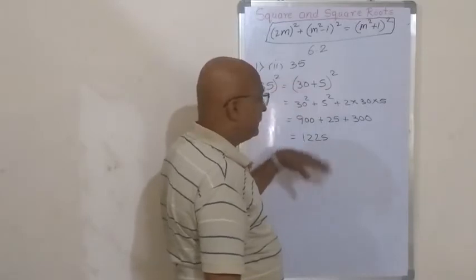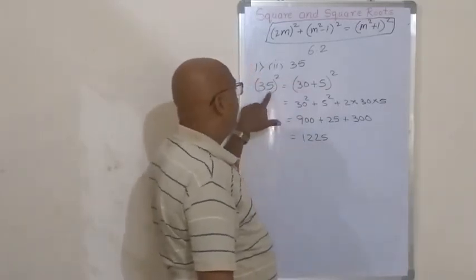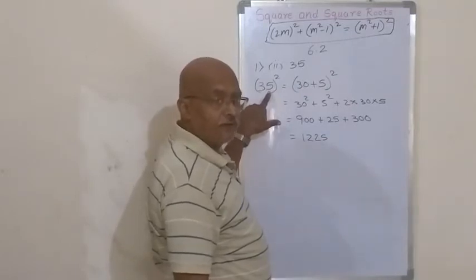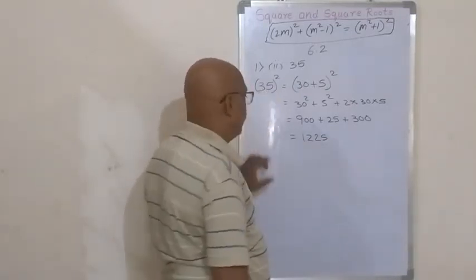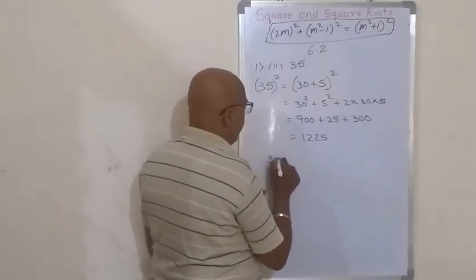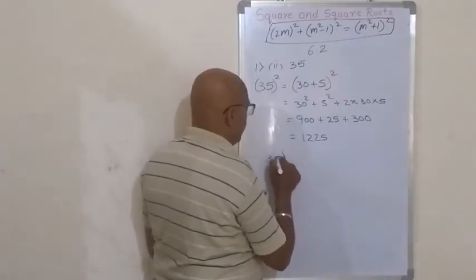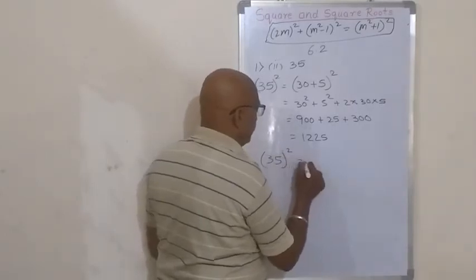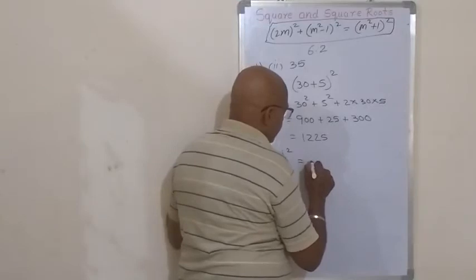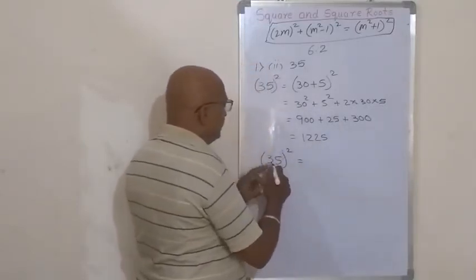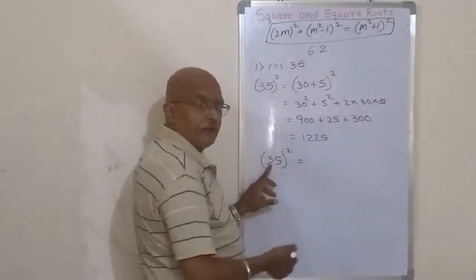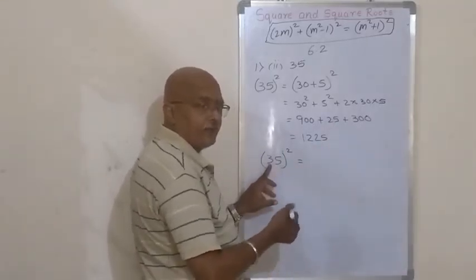Now I will again show, as here the unit place is 5, one more method is there which you can use. 35 whole square equal to, what is the consecutive of 3? Consecutive number of 3 is 4.